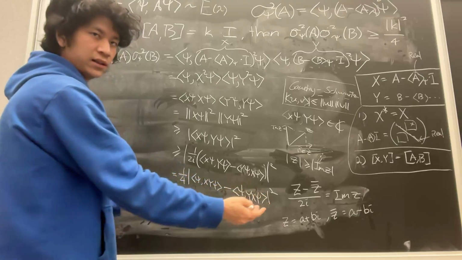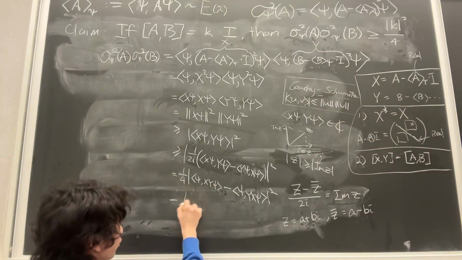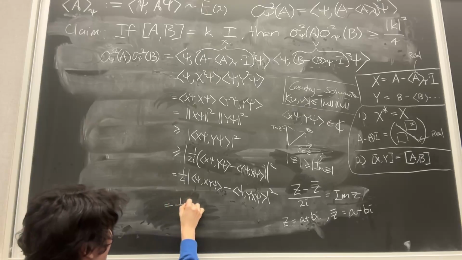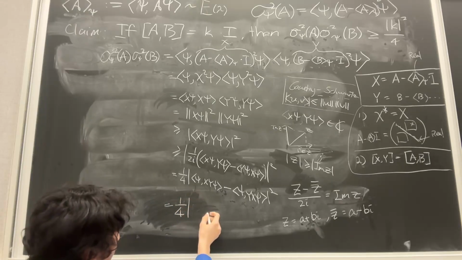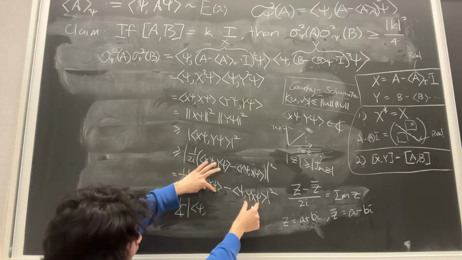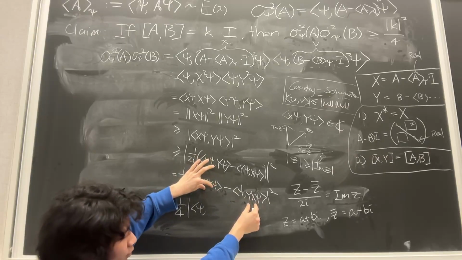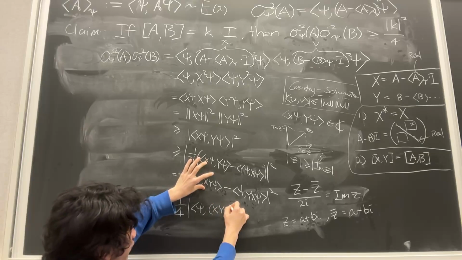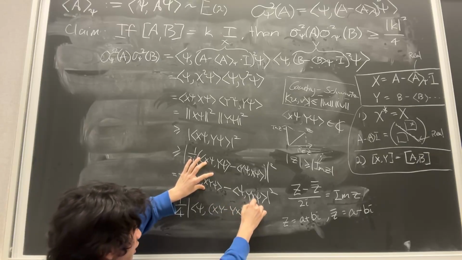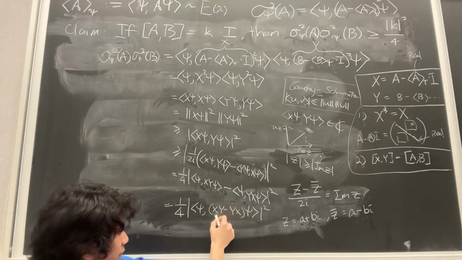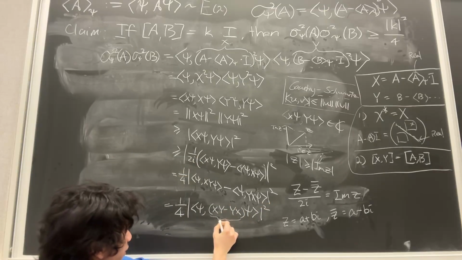And then we can use the bilinear property. 1 over 4, <psi, ...>. We combine these two things, and because they're linear operators, we can also pull them out. So it's just <psi, (xy minus yx) psi>, which is our commutator, right? This is our commutator.